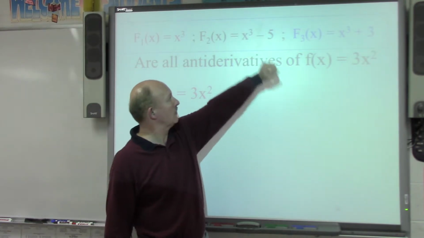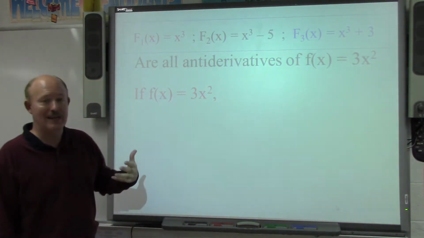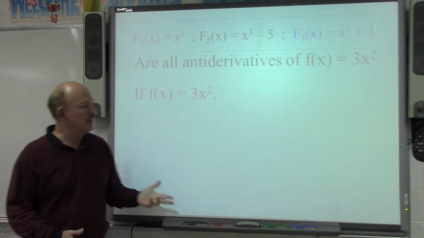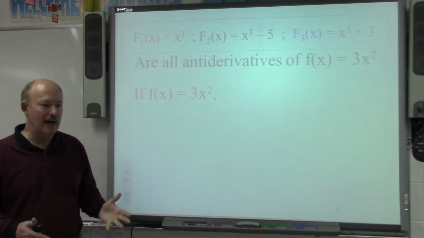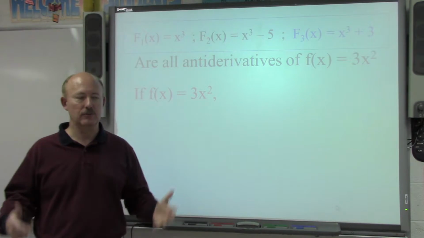This one has a y-intercept of -5, and the last one down here on the end, the plus 3, has a y-intercept of plus 3. So really, when you find an antiderivative, you're finding an expression that represents the entire family of antiderivatives.